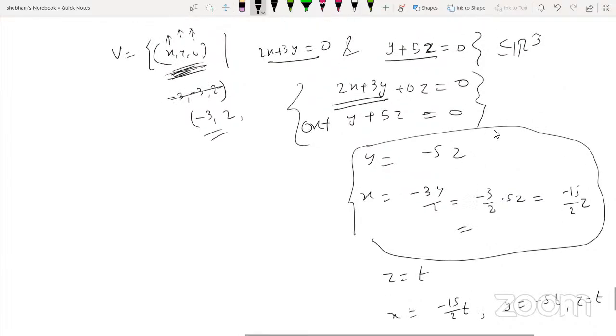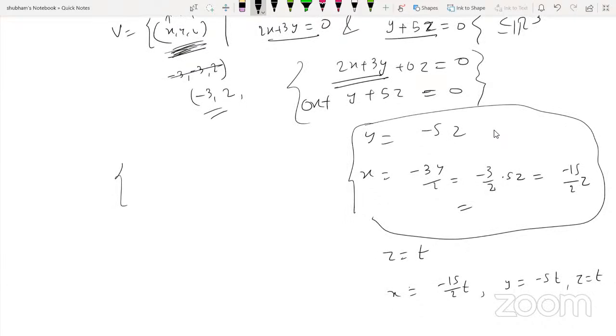What vectors will come here? You give t the values 1, 0, whatever, and you can write x, y, and z. So vectors you can easily write. If you want a particular vector, just take t equal to 1.